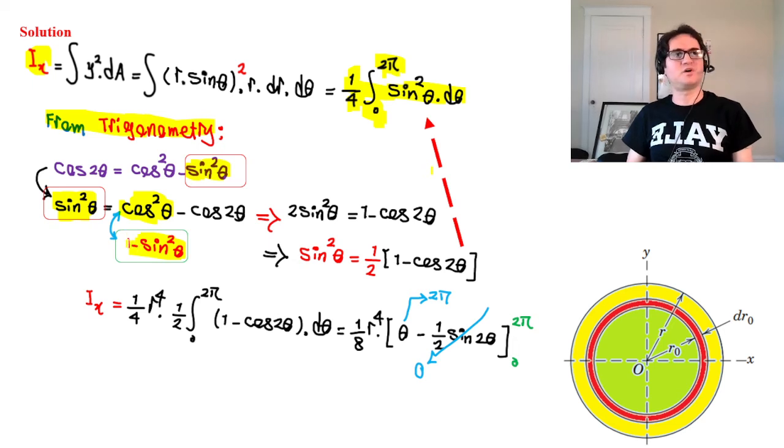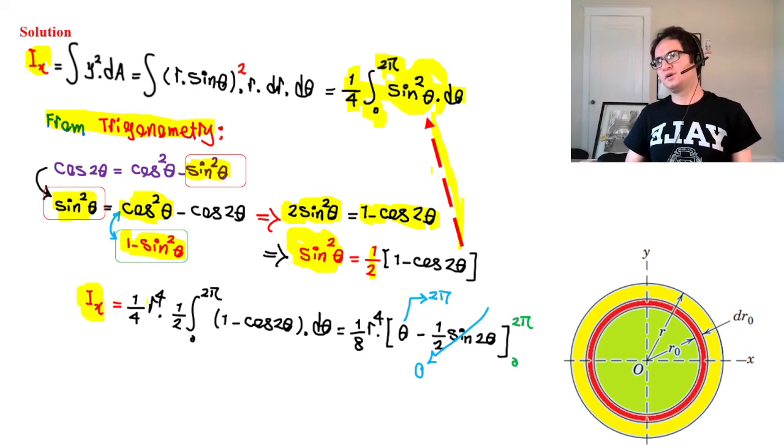If you take it to the other side, it says 2 sine squared theta equals 1 minus cosine of 2 theta. Then sine squared theta is a half of, in brackets, 1 minus cosine of 2 theta.